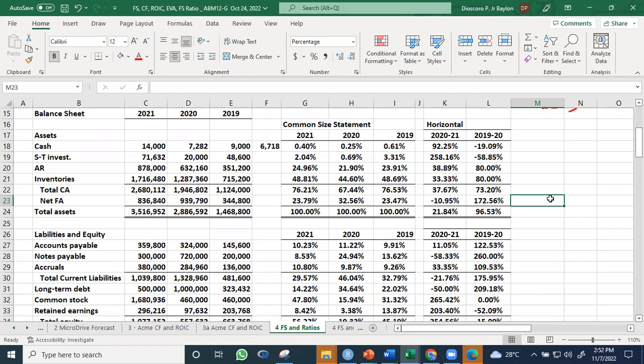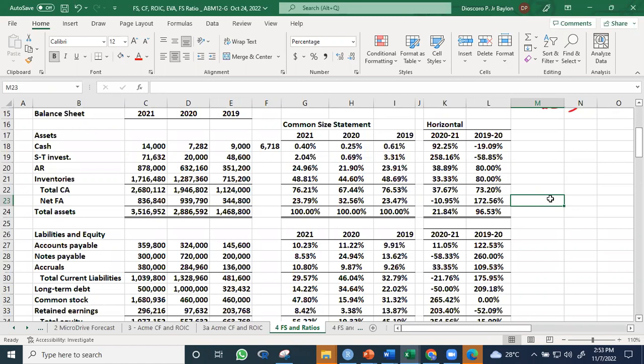Or how about inventories, 48, 49%? Could it be that the company is holding on to slow moving or non-moving items? That's why they have a huge inventory compared to the industry level. Is it possible that the company is holding on to slow moving or non-moving inventories?